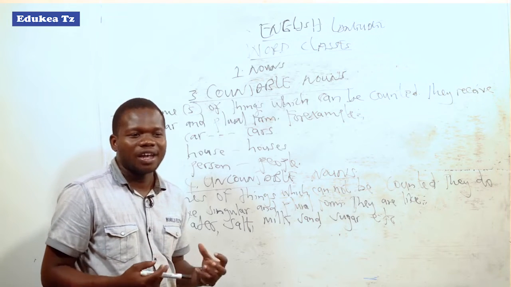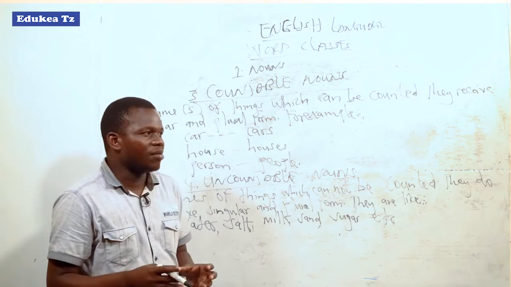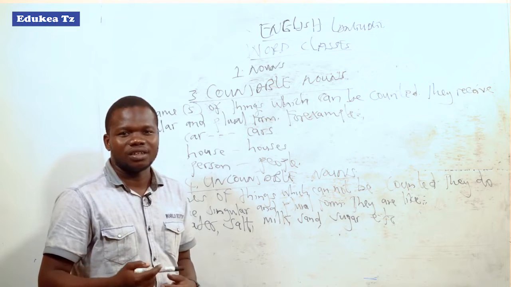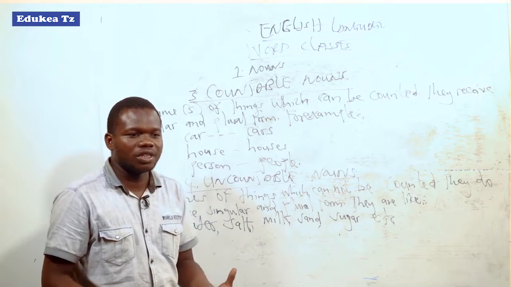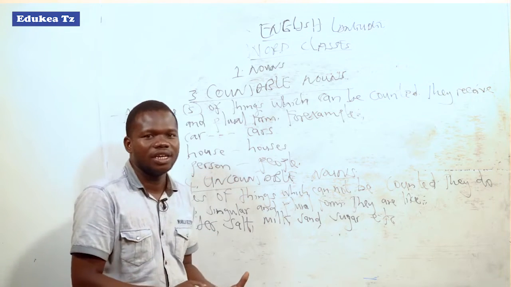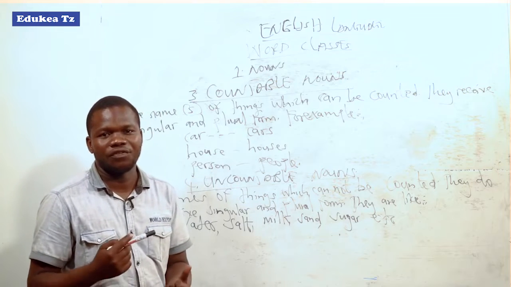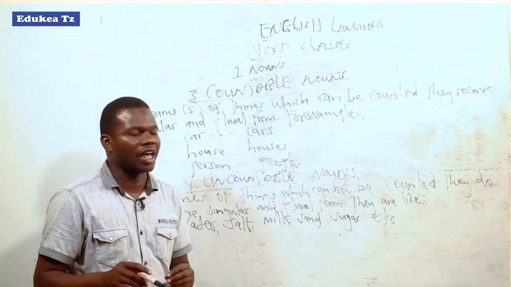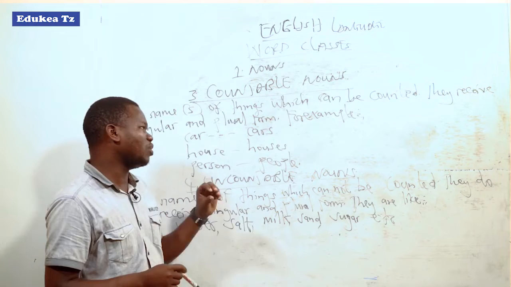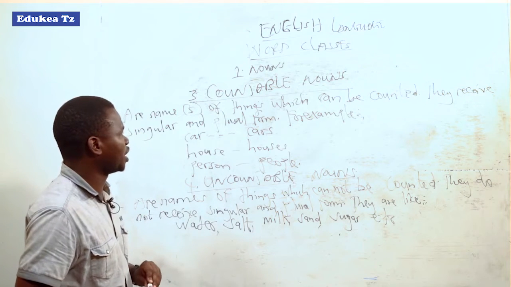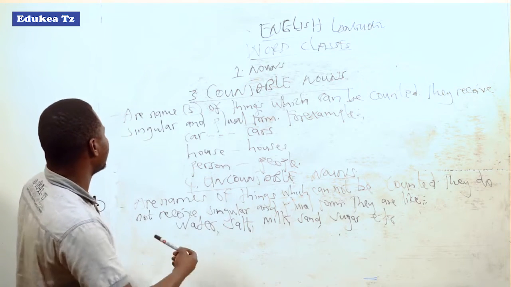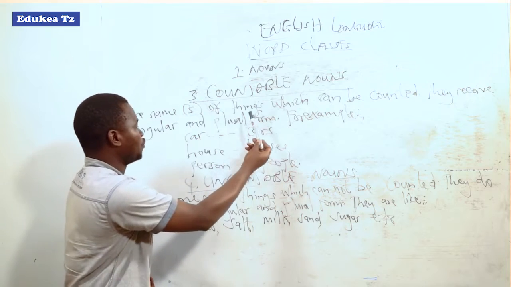That is why we may differentiate them by counting, to show whether it is 1, 2, 3, 4, 5, and others. So countable nouns are ones which can be counted, and they receive singular and plural forms.